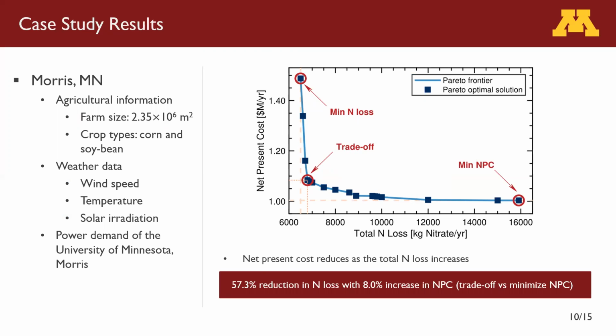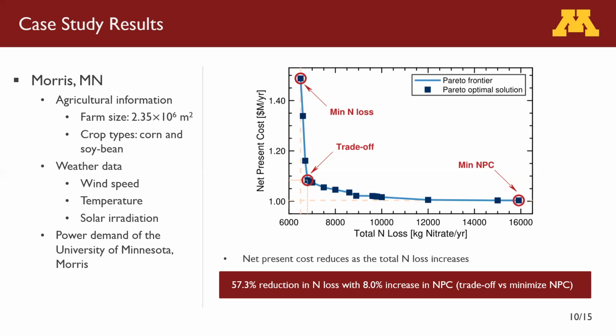The important thing to notice here is that a significant reduction in total N loss only requires a small increase in net present cost. Comparing the trade-off point and the minimizing net present cost case, we see a 57% reduction in N loss with only an 8% increase in net present cost.